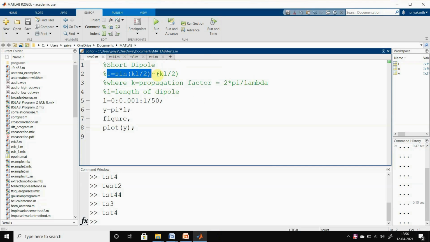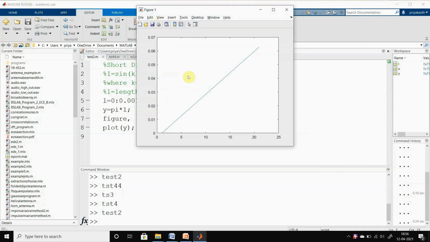So, sin(kL/2) is approximately equal to kL/2, where k is a propagation factor, 2 pi by lambda, and L is the length of the dipole. And the triangular distribution is obtained after the execution of this code.